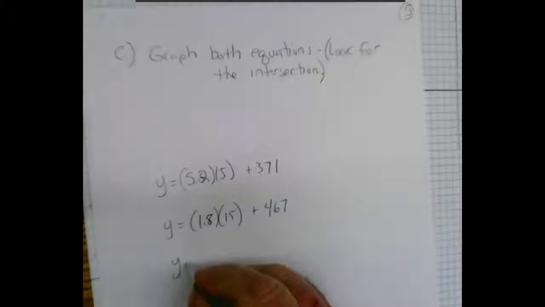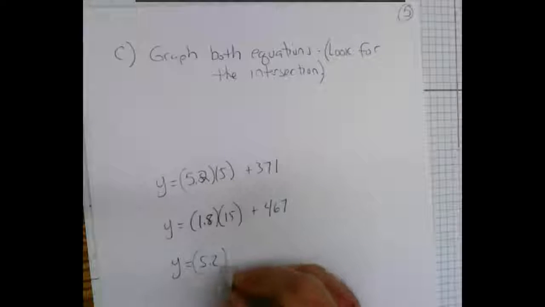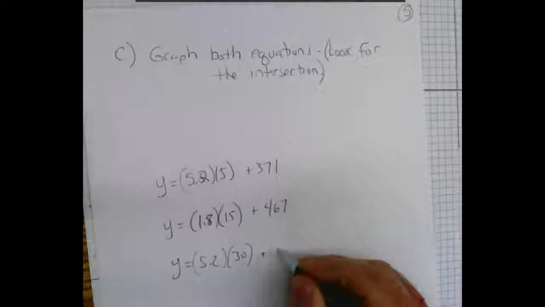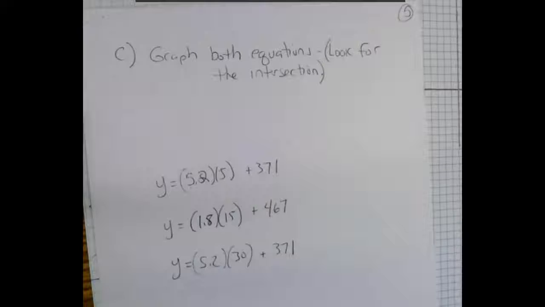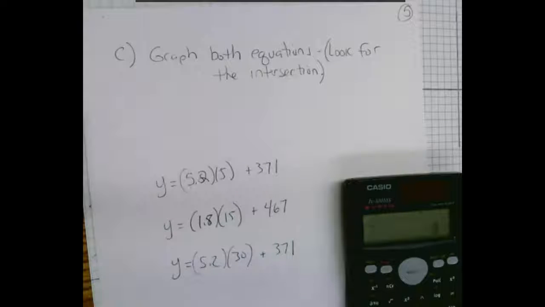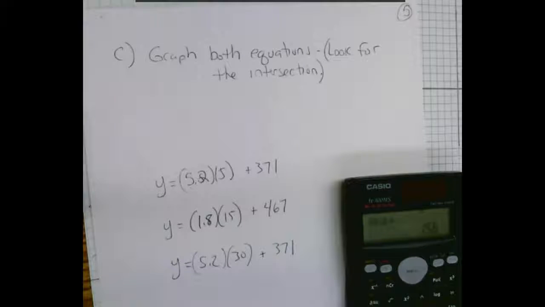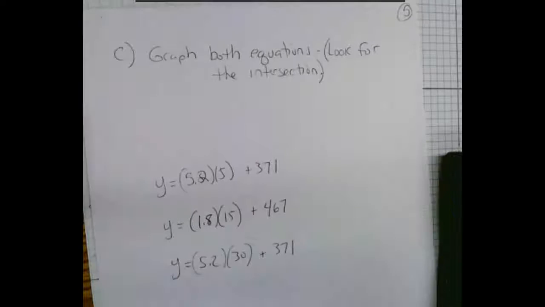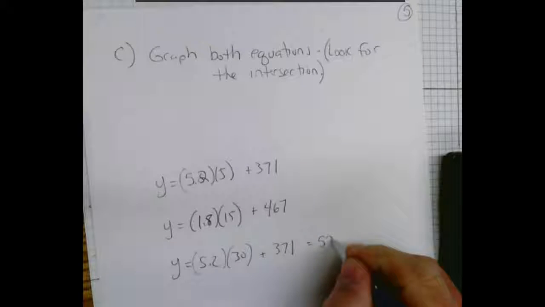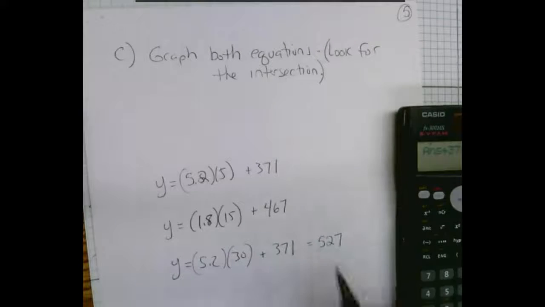So y equals 5.2 times 30 plus 371. 5.2 times 30 is 156 plus 371, we get about 527 for that one after 30 years.